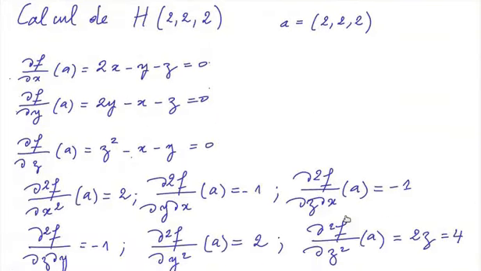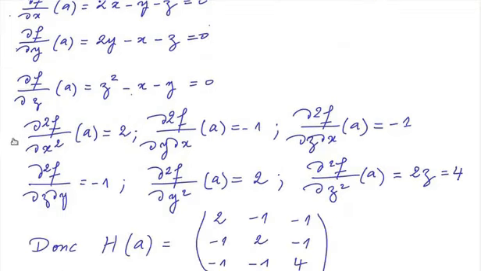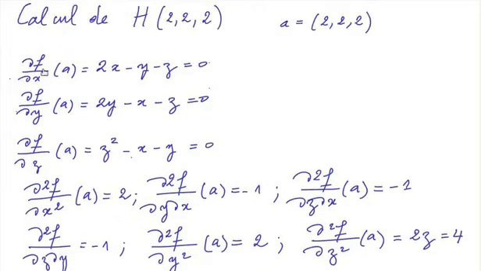Let's start by calculating the Hessian matrix at the first critical point, (2, 2, 2). So we take the partial derivatives to calculate the second partial derivatives. We see that the second derivative with respect to x twice is 2. The second derivative with respect to y and x is minus 1.